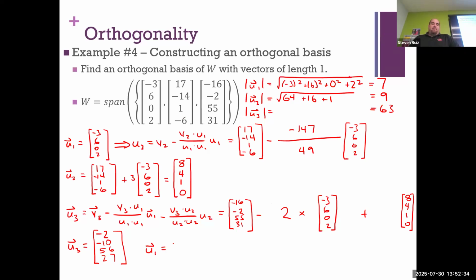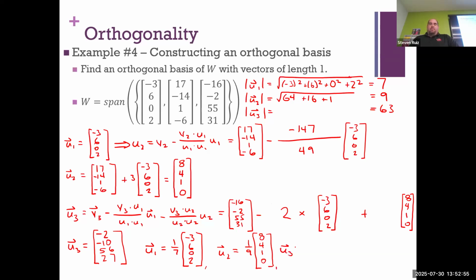So U1, and just for quickness, I'm going to write it like this. U1 equals 1/7 of (-3, 6, 0, 2). U2 is equal to 1/9 of (8, 4, 1, 0).